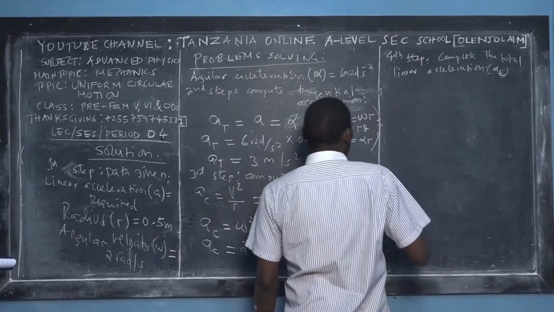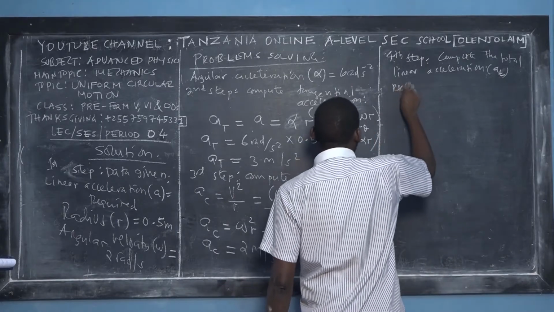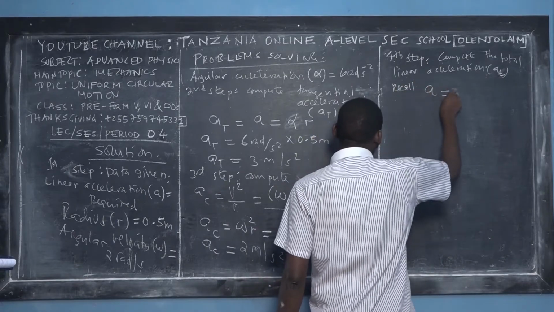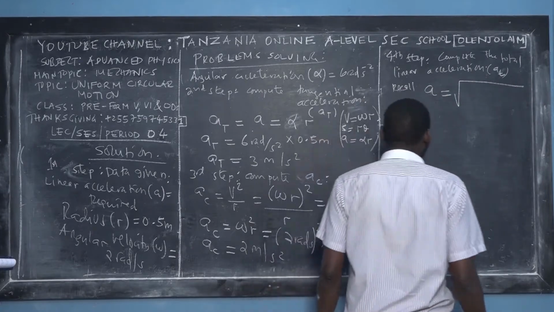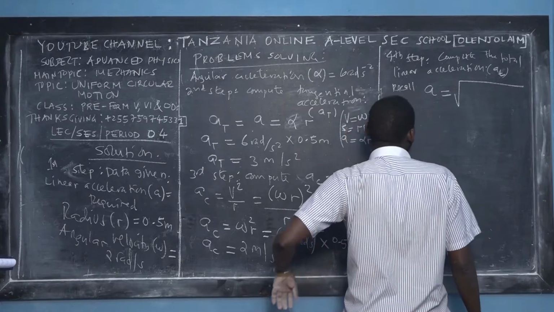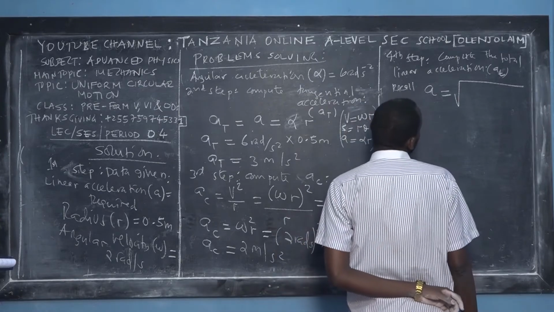To compute the total linear acceleration, you have to recall the formula I told you. We do it in a triangle, and you have to follow the rules.